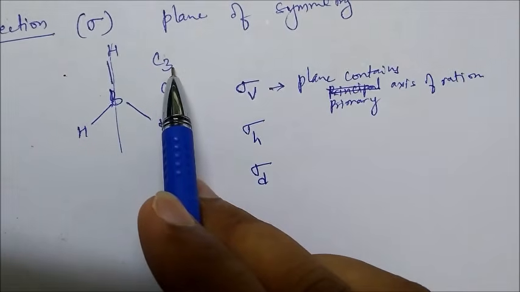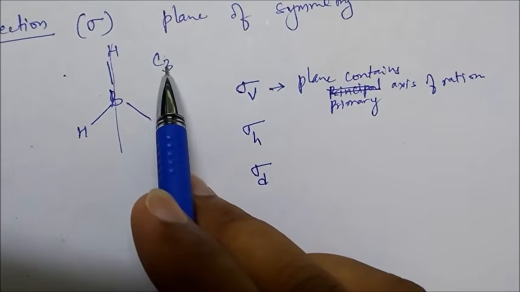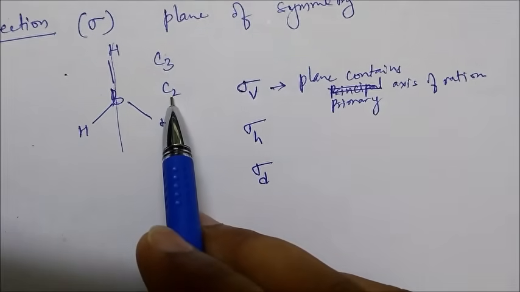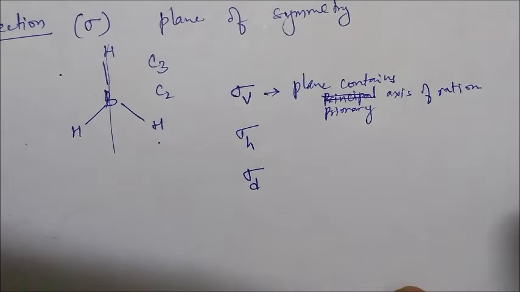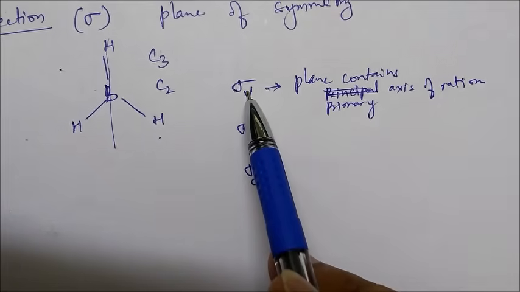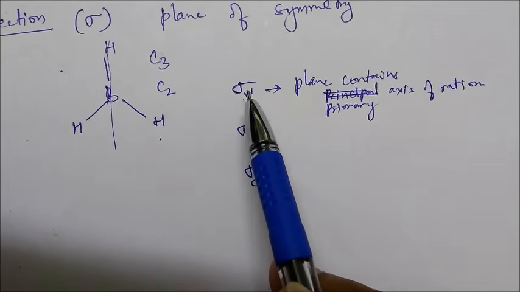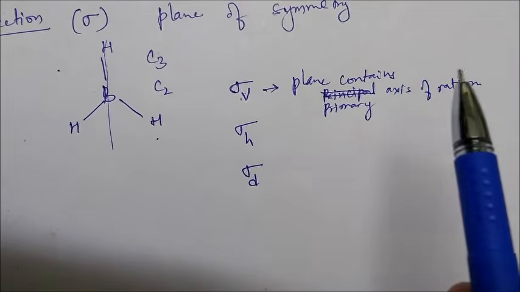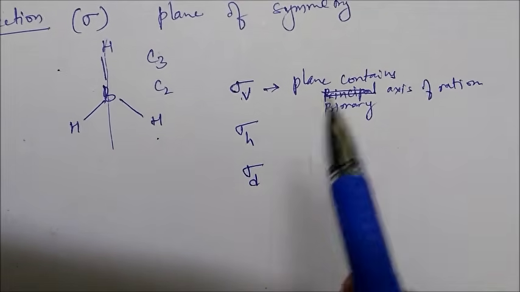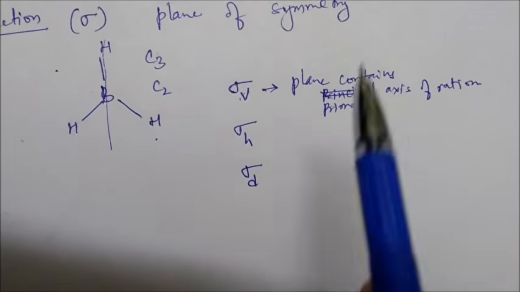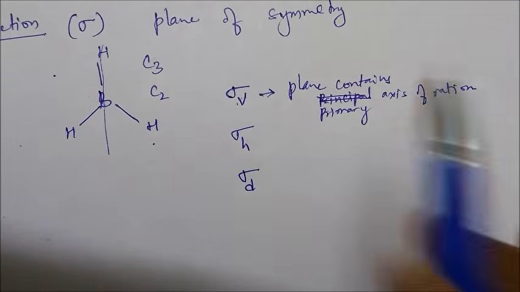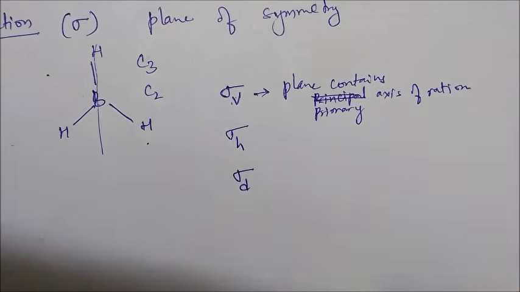Since C3 has more folds, it will be called the primary axis of rotation, and the one with fewer folds will be called the secondary axis. So sigma v is called the vertical plane of reflection, and this plane contains the primary axis. If the primary axis is contained in a plane, that plane is called sigma v.